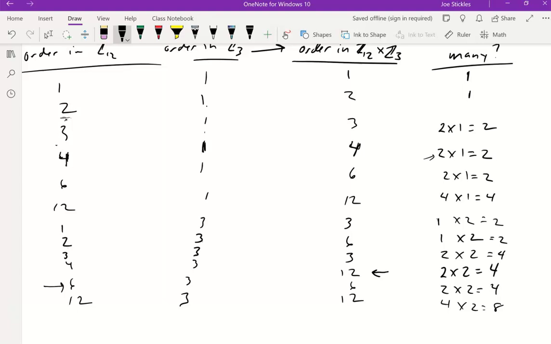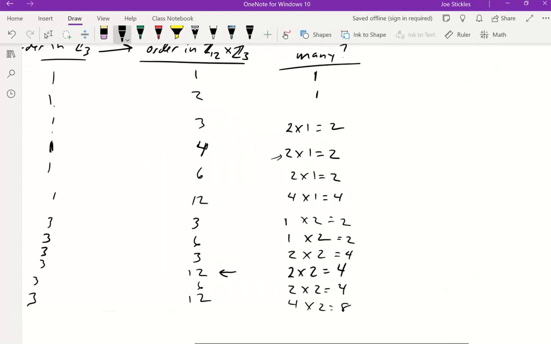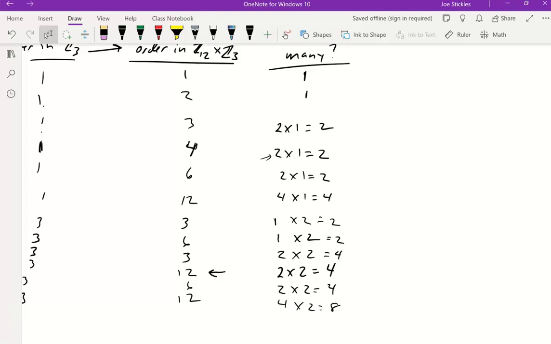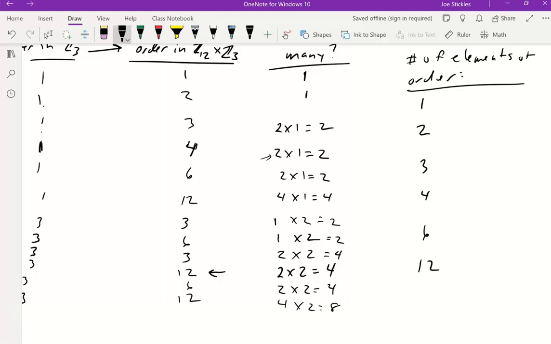All right. So now let's total everything. Notice your only possible orders are 1, 2, 3, 4, 6, 12. That's it, right? The only possibilities we got.